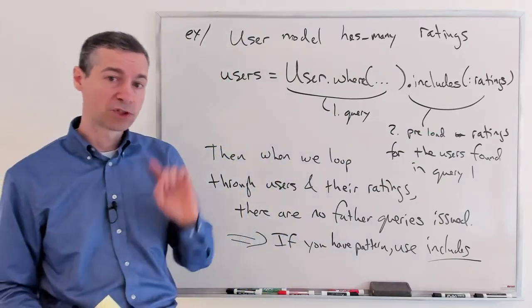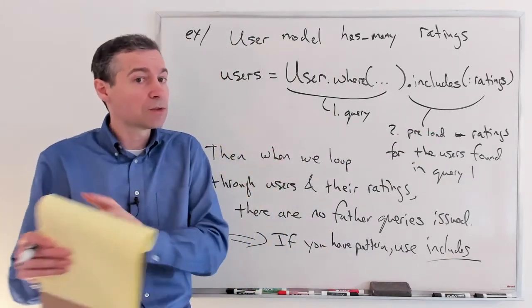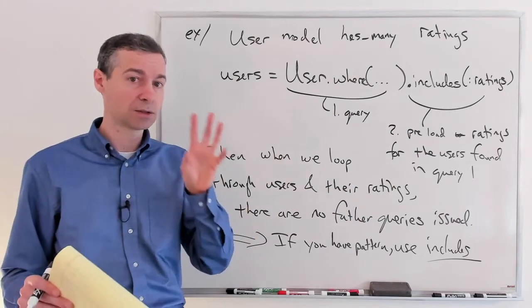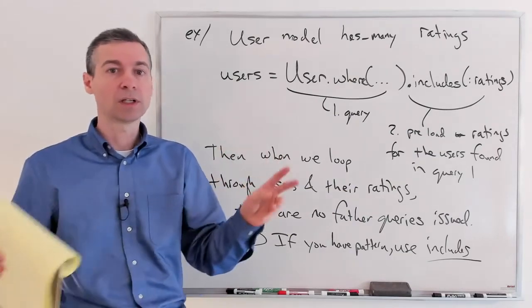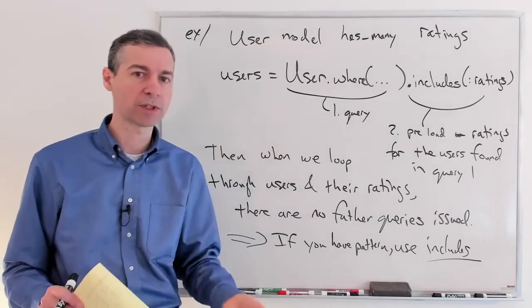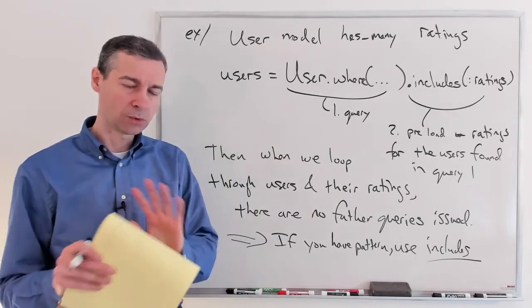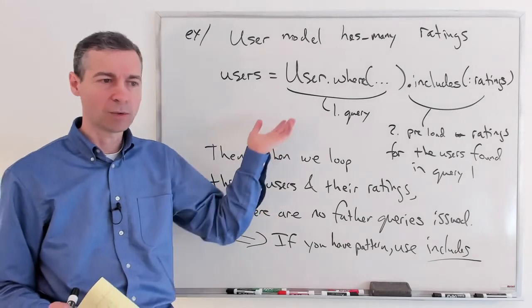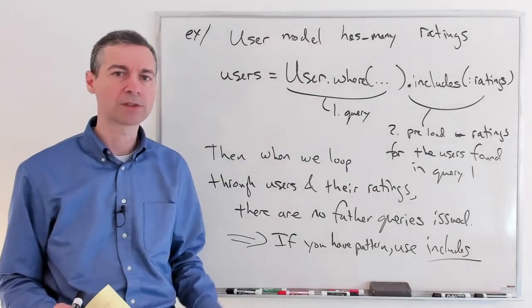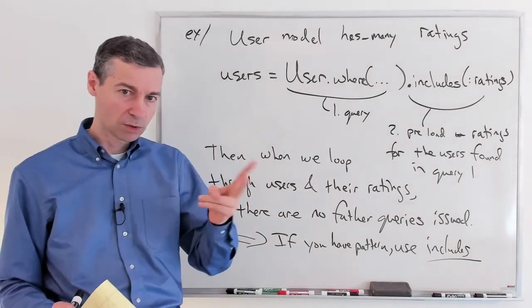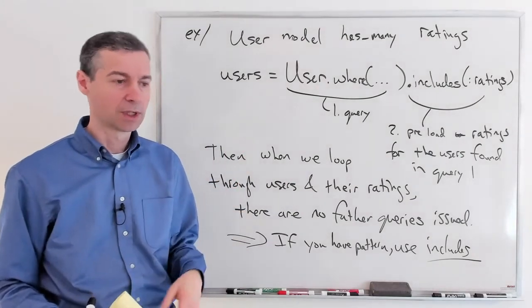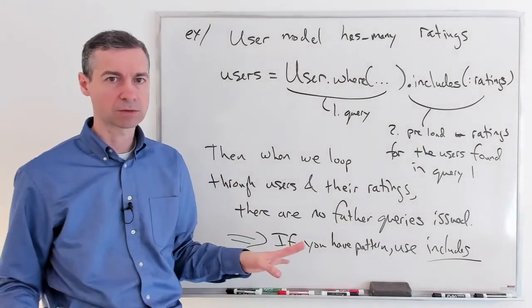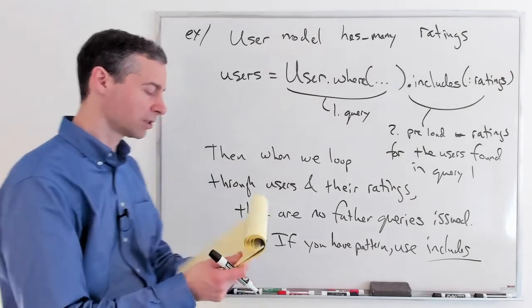And if you're just getting the user and you never use their ratings, if you tack on the includes, you're going to always do an extra query that you didn't need. So only in the scenario where you realize, I don't want to do these n+1 queries, I just want to do 2 queries, is that the thing to do. Otherwise, don't go around putting includes on stuff.